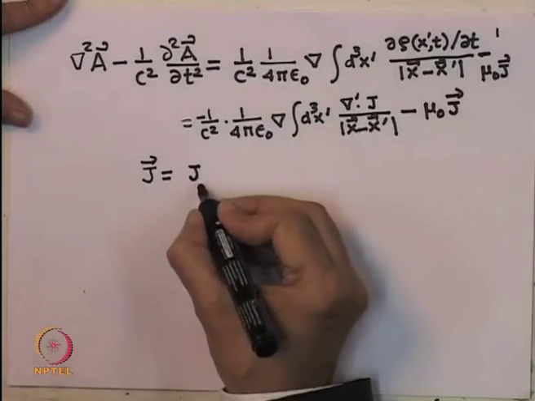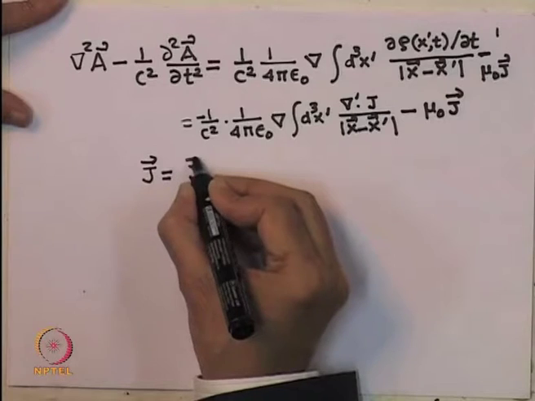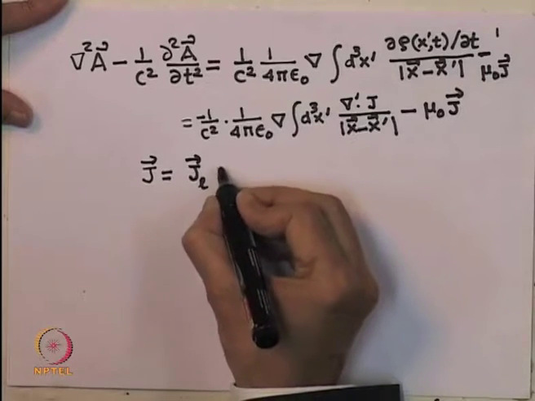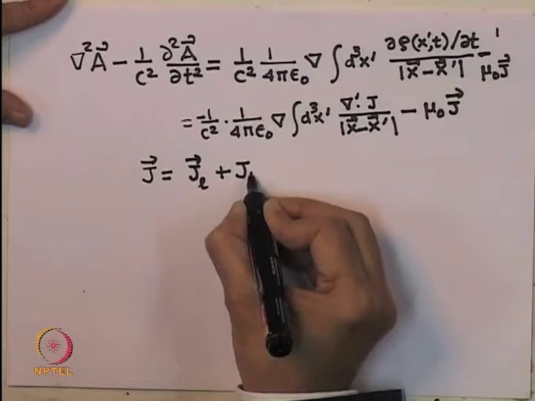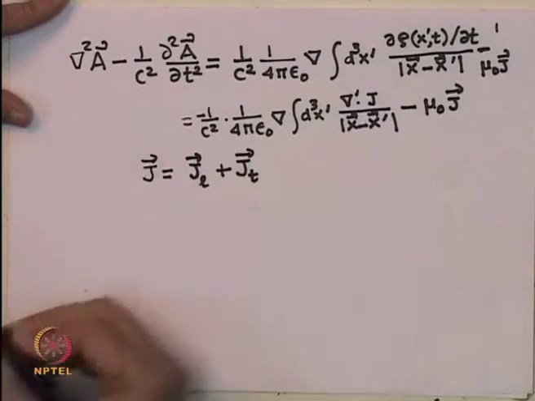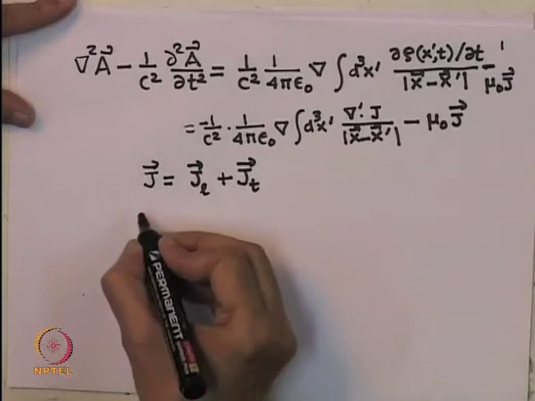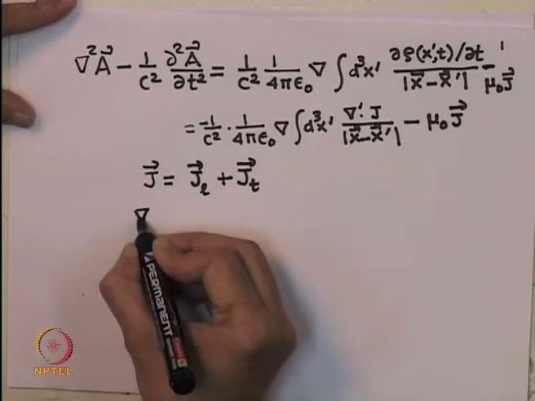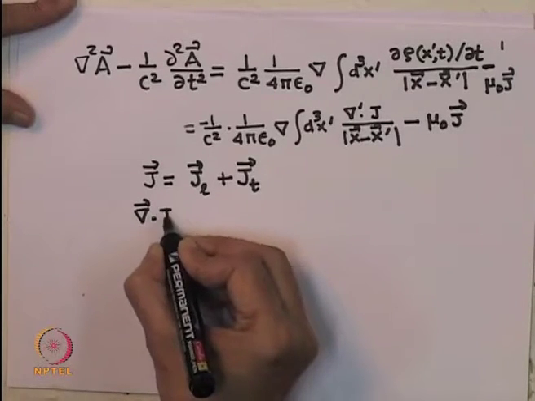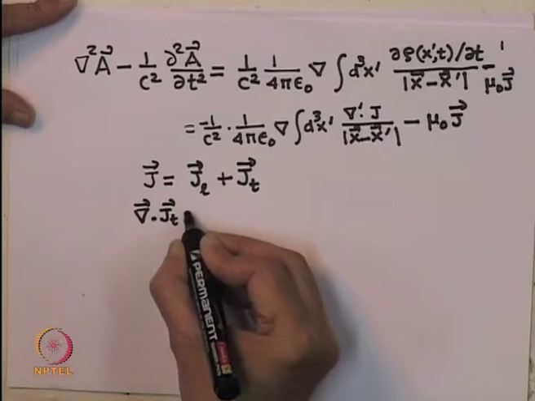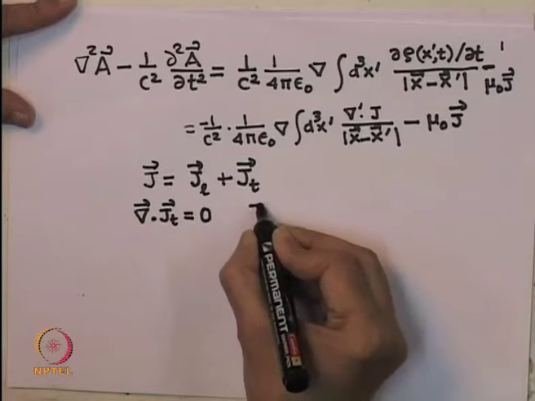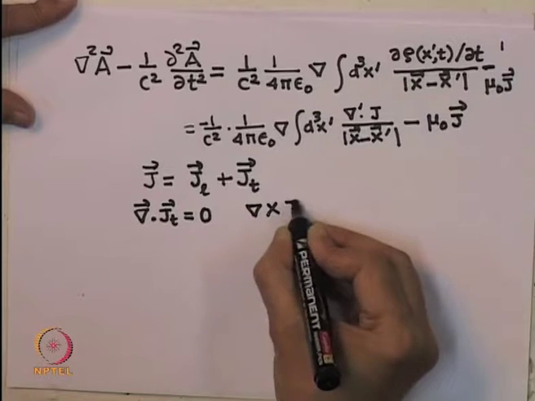One I will call the longitudinal component j l, and another I will call the transverse component j t. And the relationship is that del dot of j t is equal to 0 and del cross of j l is equal to 0.